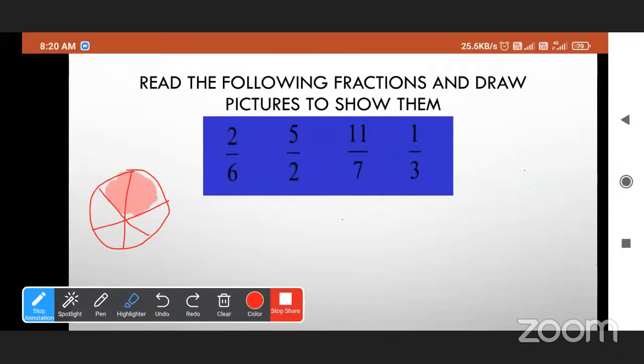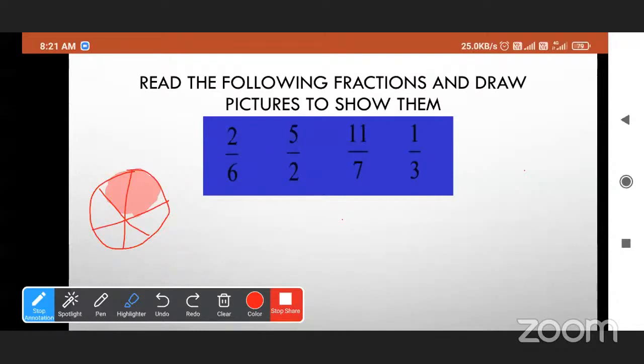Now, in the second one, how will we show this 5 upon 2? Can you tell me? 5 upon 2. So here, the numerator is 5 and the denominator is 2. So, shall we show it in a single diagram?